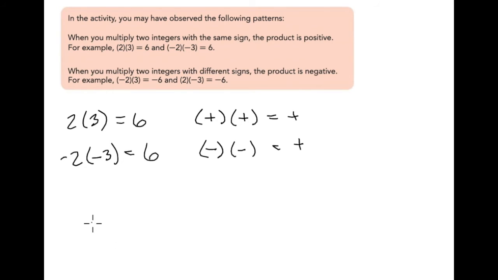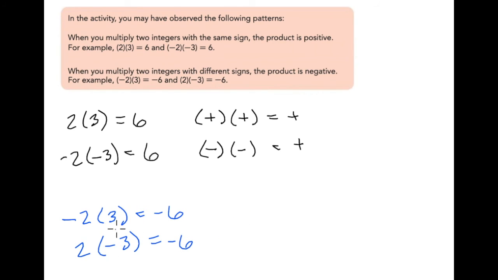Then when we multiplied 2 integers with different signs, the product was negative. So we had negative 2 times 3 gave us a negative 6, and then 2 times a negative 3 also gave us a negative 6.